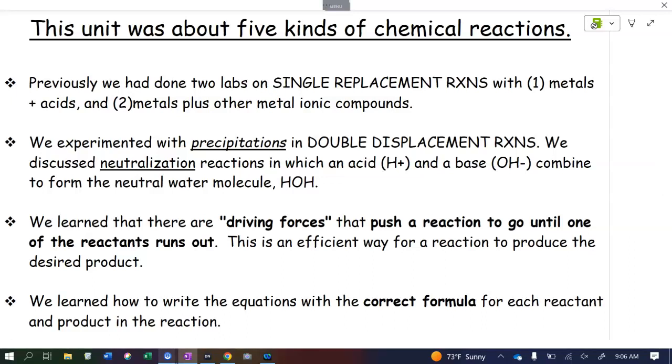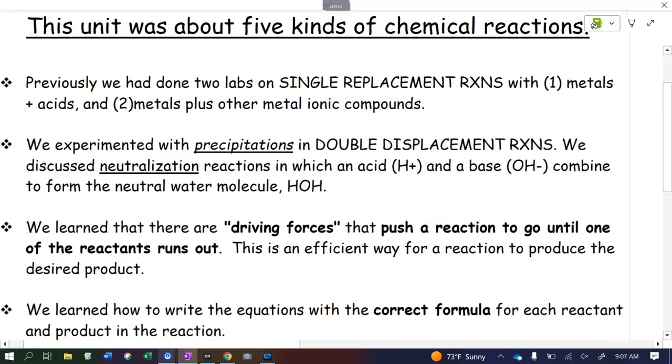You were so successful that you were able to create the correct reactivities of metals. Then we did one, since you were so hot on that, with metals plus other metal ionic compounds based on their location on that reactivity list of metals. It's called the reactivity series. Then you did pretty well on that as well.